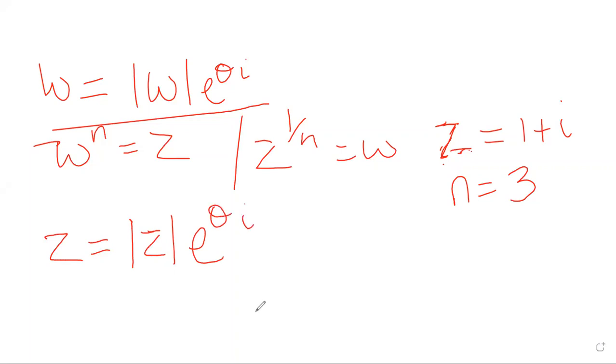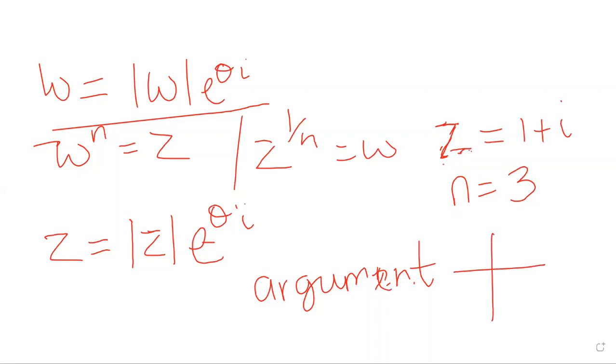But what is this theta? This theta is called the argument. We already talked about argument, and in particular the principal argument. So what's an argument? An argument is the angle a complex number makes with the real axis.